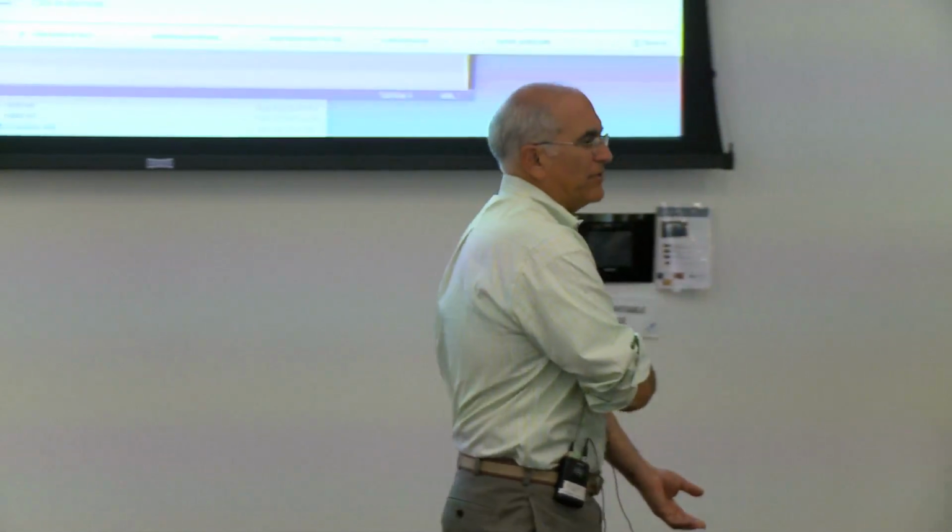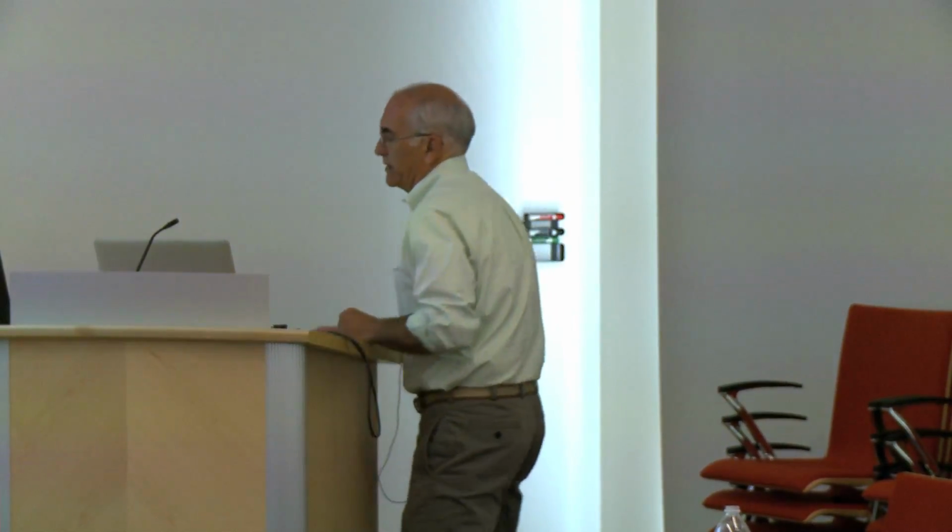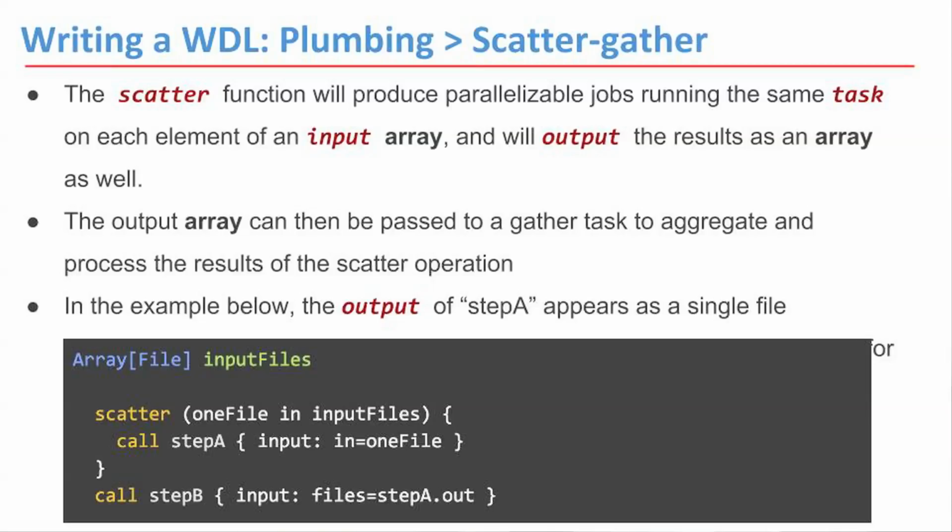We have examples where we have workflows where we will scatter across the 23 chromosomes and then aggregate the results. This is the construct that you use for doing that. Within the workflow, you'll declare a variable, an array of files, say input files.